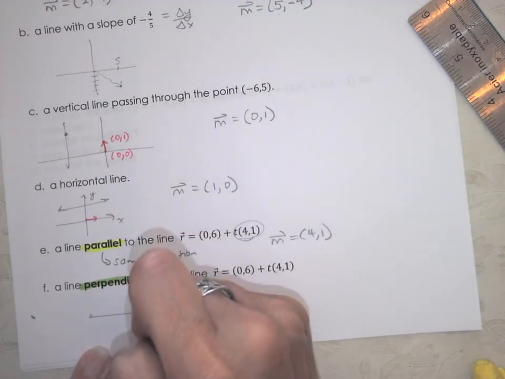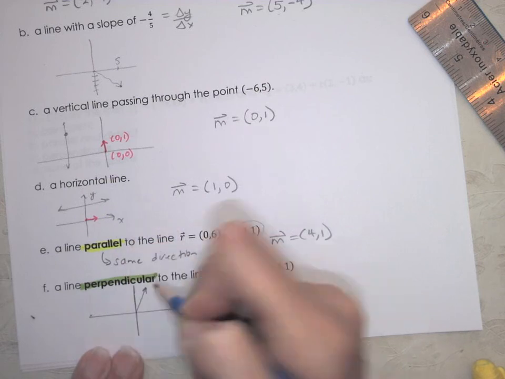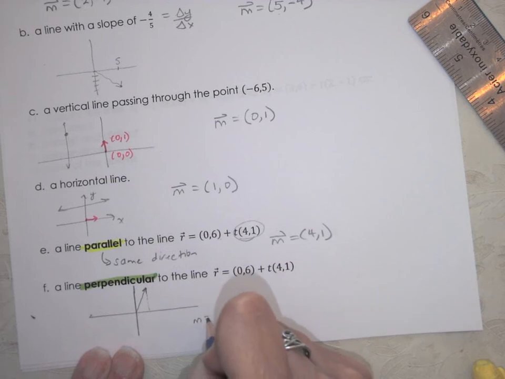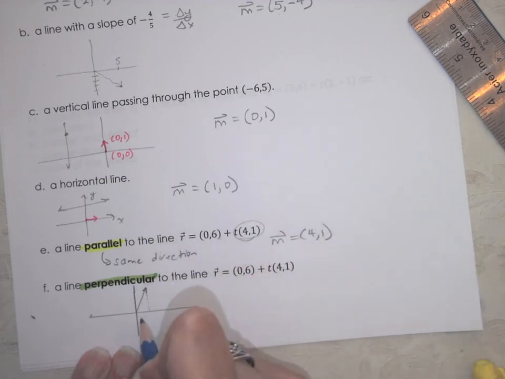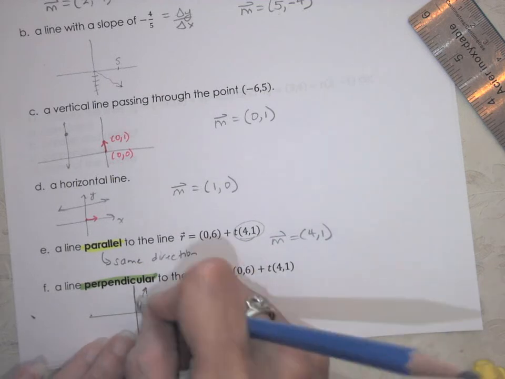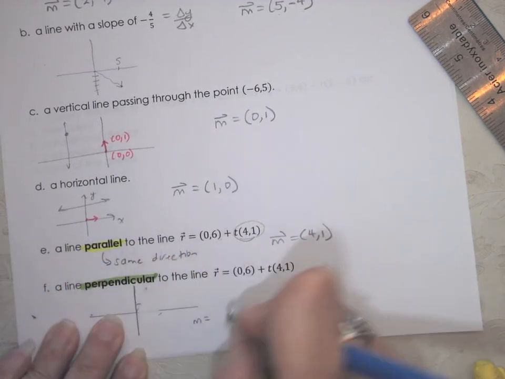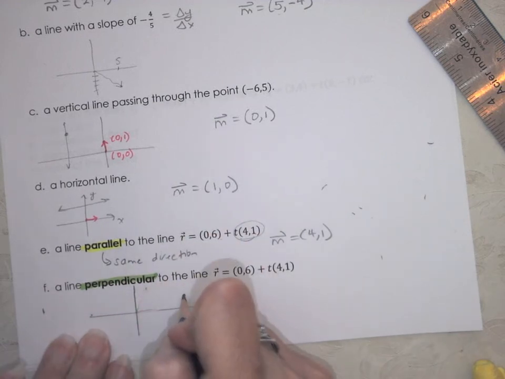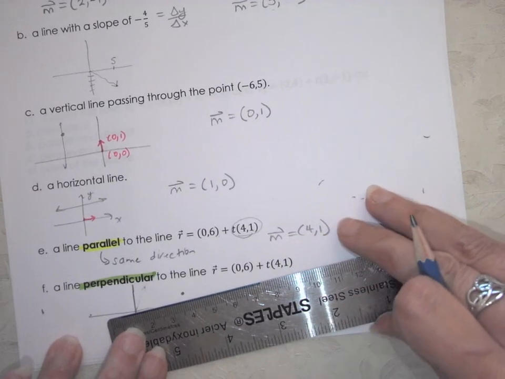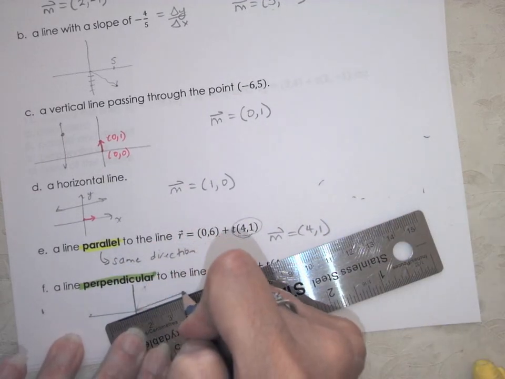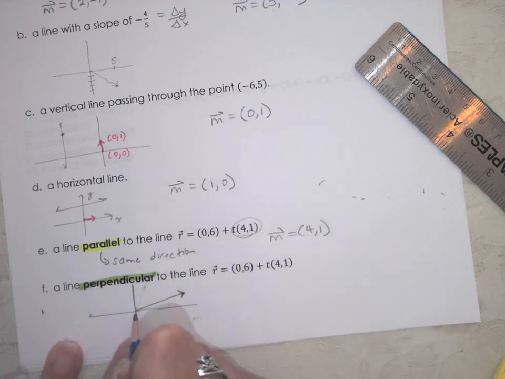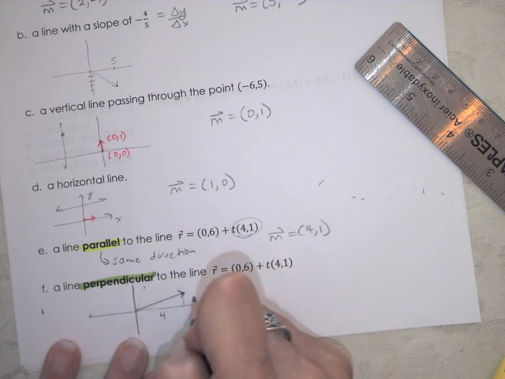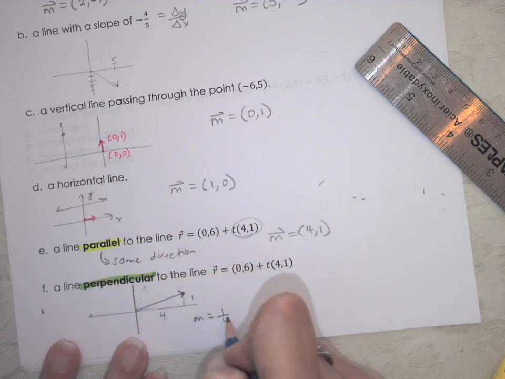If our 1, 4 was our direction vector and we wanted to convert that to a slope, oh, sorry, my direction vector is 4, 1. So that's going to be over 4, up 1. So that's the vector from 0, 0 to 4, 1. So that means over 4 and up 1. So that means our slope would be 1/4.